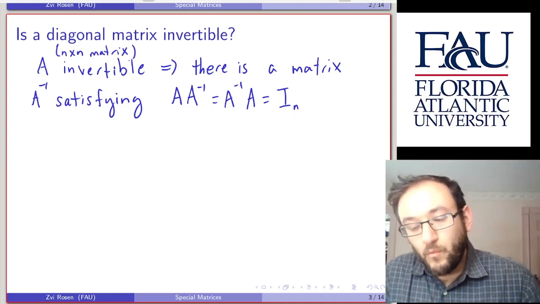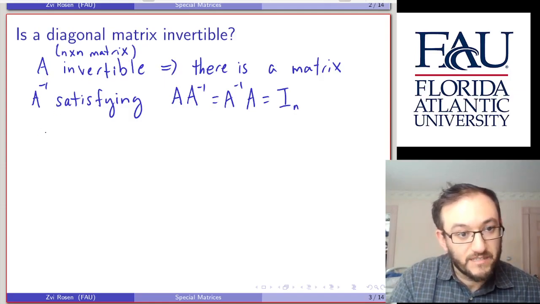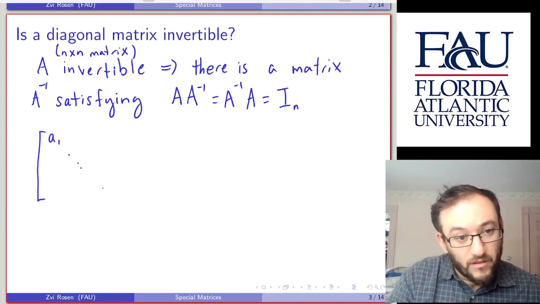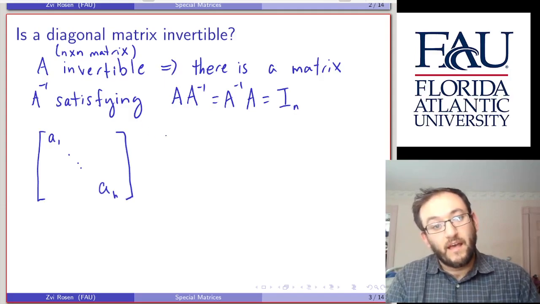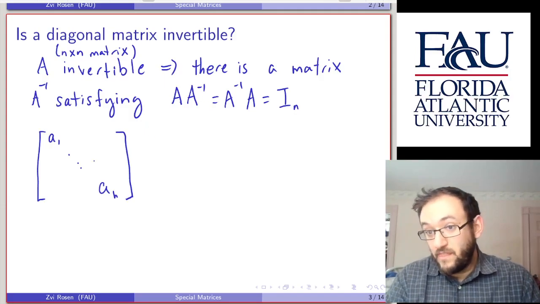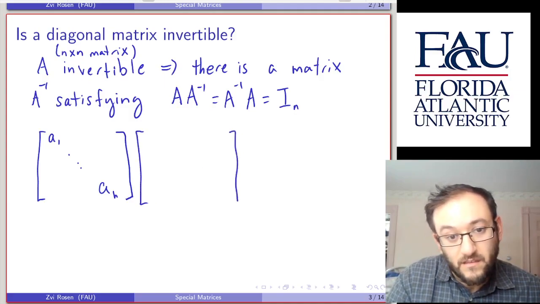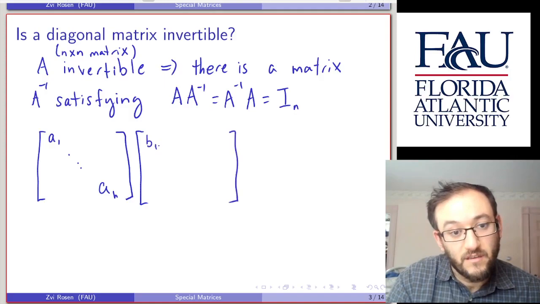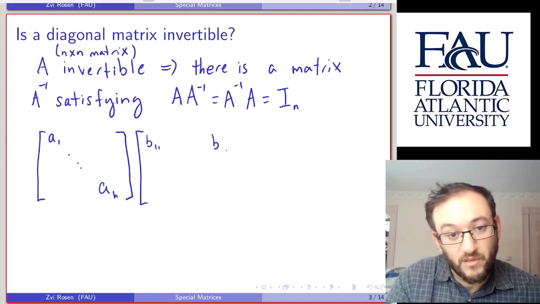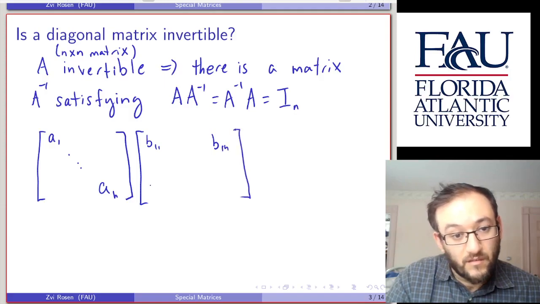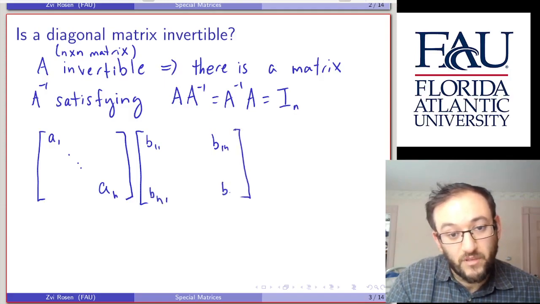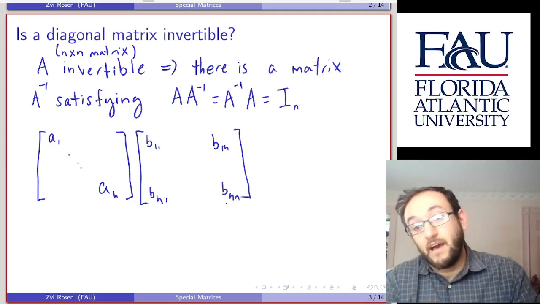Okay, well, when will this happen? Let's say our diagonal matrix A has entries a_1 through a_n on the diagonal, and we want to know what the inverse would look like. Let's say it has entries b_11 through b_1n, b_n1, b_nn.